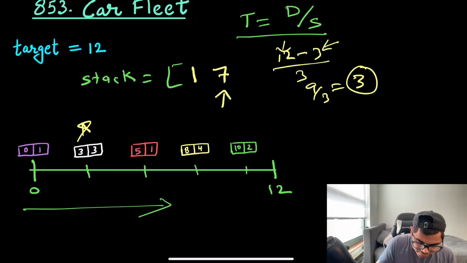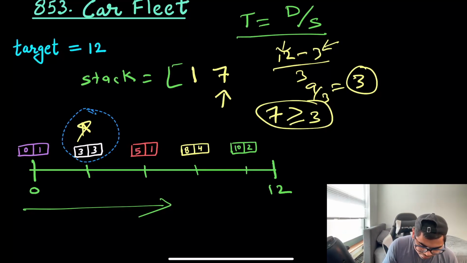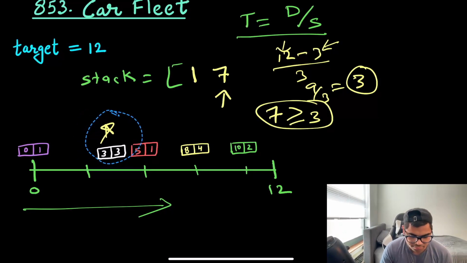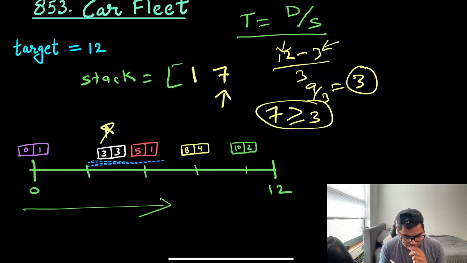But if you remember, the top of my stack 7 is greater than or equal to 3. So what does that mean? This car basically will come and make a fleet with this car, because this is going really slow. This car is going really slow, so this will come and make a fleet with this car and they will finish together, right?